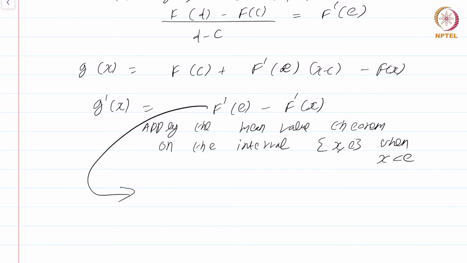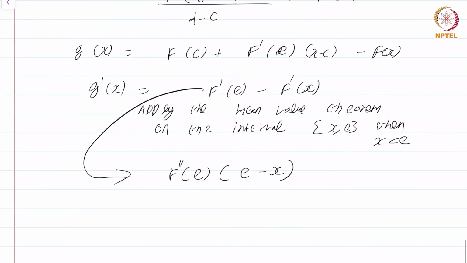Because of this, you will get f'(e) − f'(x) is some f''(L) times (e − x). Now this has got to be greater than 0 because e − x is greater than 0 and f'' by hypothesis is greater than 0. My L looks like an e, so let me just change it.